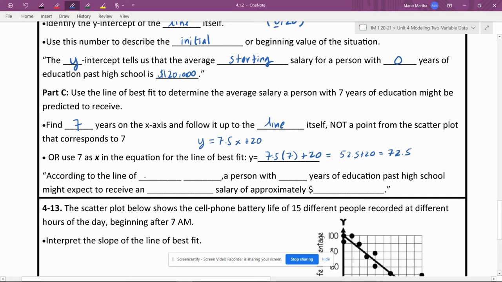So according to the line of best fit, a person with 7 years of education past high school might expect to receive a yearly salary, right? Because we're talking about years. A yearly salary of approximately $72,500.